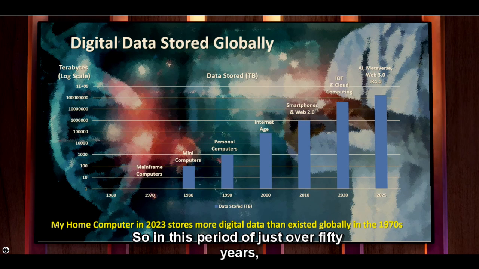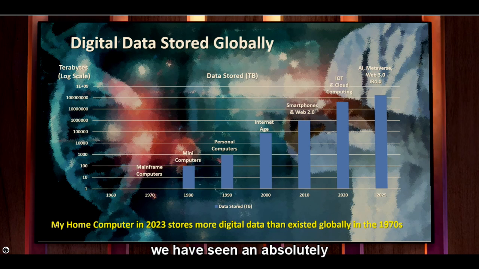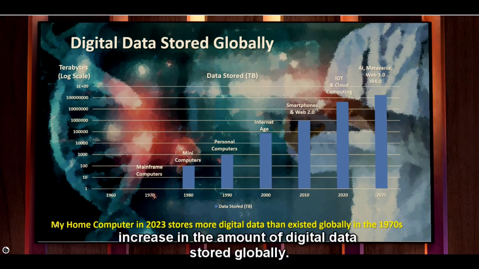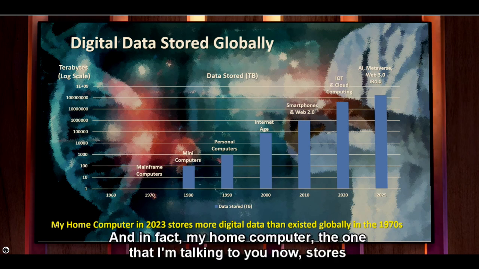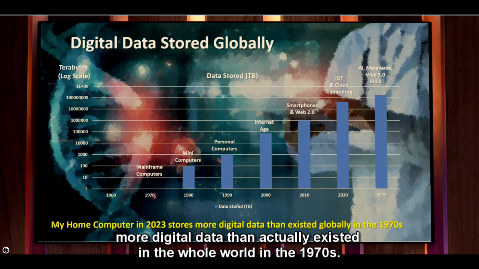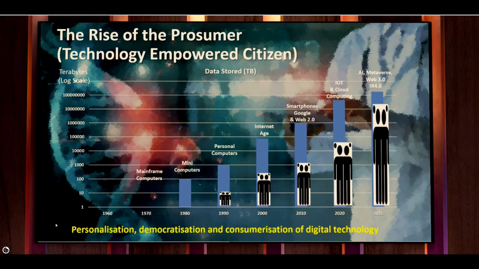So in this period of just over 50 years, we have seen an absolutely massive increase in the amount of digital data stored globally. And in fact, my home computer, the one that I'm talking to you on now, stores more digital data than actually existed in the whole world in the 1970s.